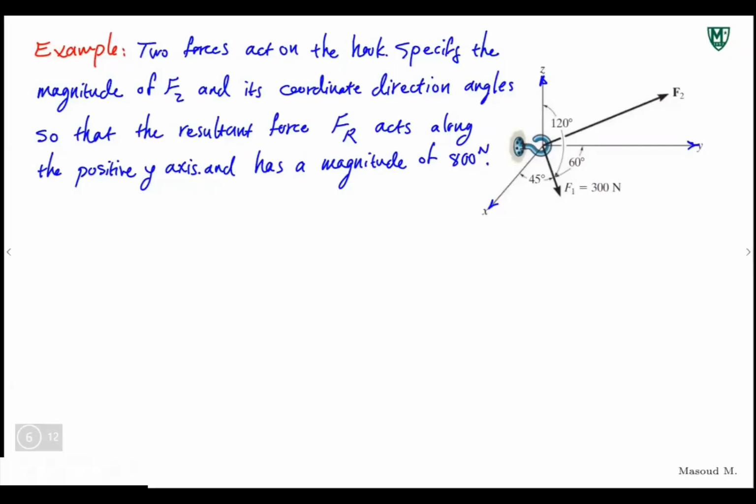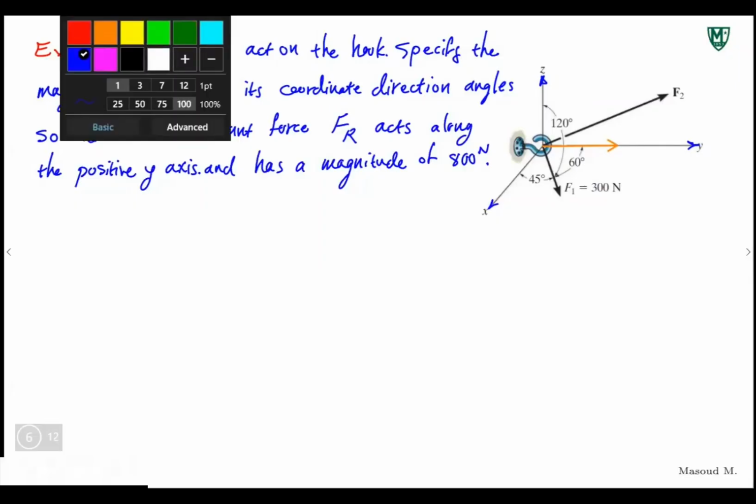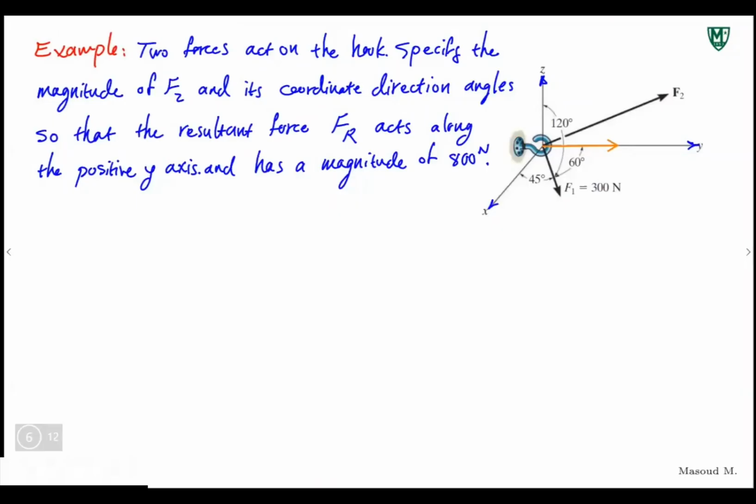So this information pretty much is trying to tell us, well, let's say FR, we know FR is along the y direction, so that would be our FR. So this would be my FR. I know its direction and I know its magnitude.